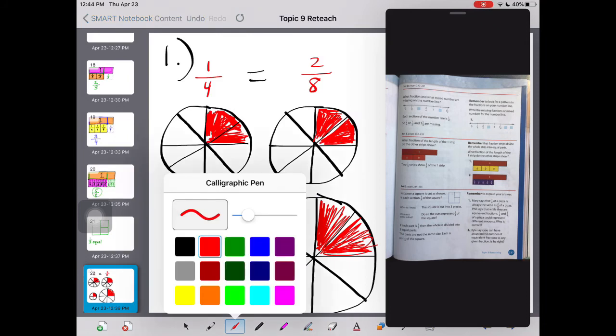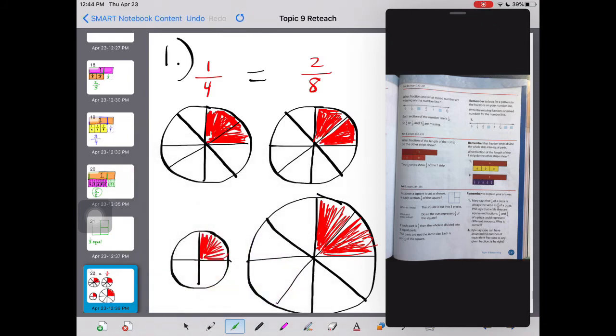It's still a quarter of the pizza, but does this quarter equal these 2/8? I don't think so. This looks much smaller than this, right?